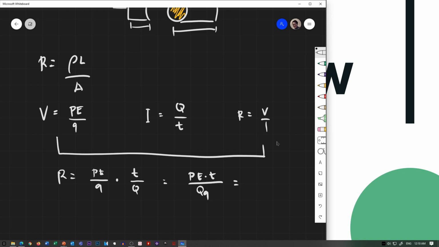We haven't learned any variable yet that describes potential energy multiplied by time. Anyway, something might come up later on or in the future, but for now it will remain something like this.